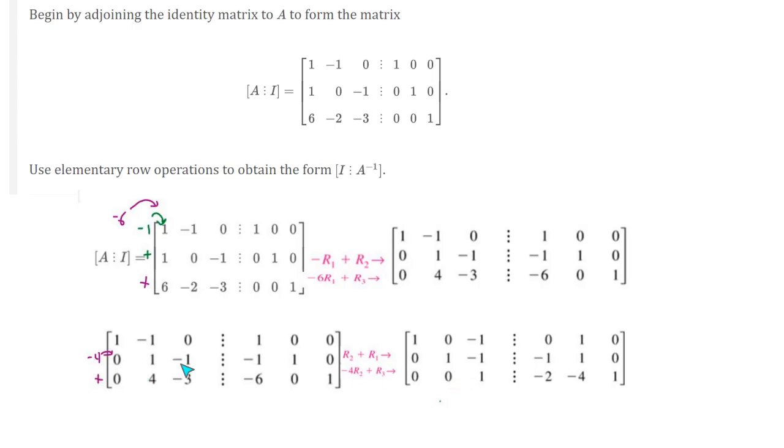And -4 times -1 gives me a +4, plus -3 is +1. And -4 times -1 is +4, plus a -6 gives me -2. -4 times 1 is -4 plus 0, -4. And -4 times 0 is 0, plus 1 gives me a 1.